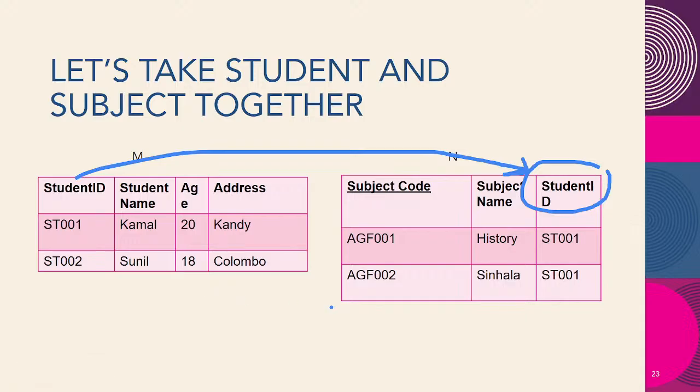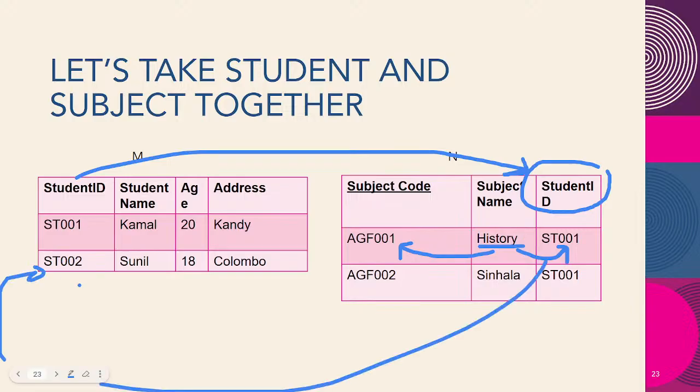Now if I ask you who has done the history, you can go to here and here, sorry, in here ST 001, and we will go here and search here for ST001 for this student, and Kamal is doing the history.